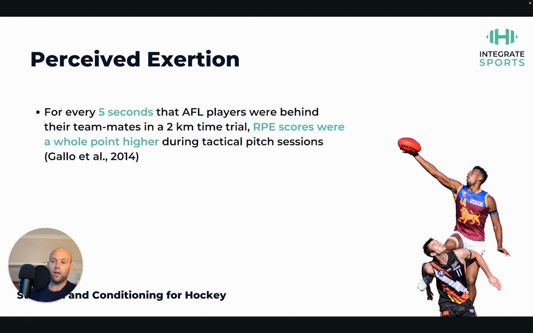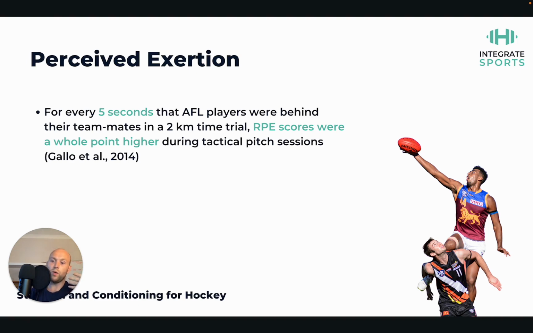So in other words, players who are fitter find tactical pitch sessions easier in AFL players, and that would broadly apply to hockey. That makes a lot of sense. You can imagine, players who are fitter will perceive hockey pitch sessions as being physically less costly. So an important one to take home from this research is that if we can increase MAS overall, not only do we know that we can increase things like total distances achieved, but we can also reduce the perceived exertion required during hockey pitch sessions.